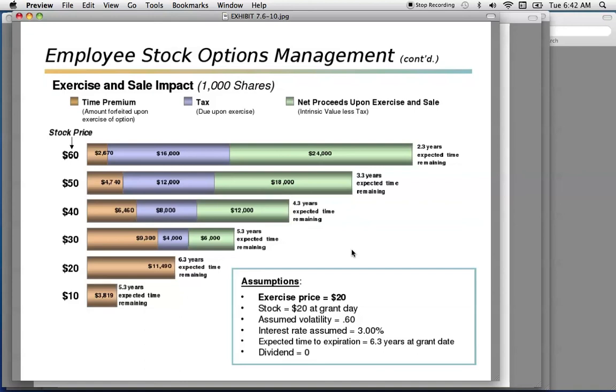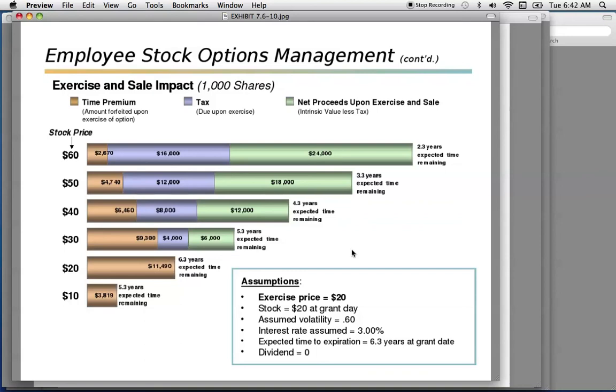And you might conclude that if you have the right to buy the stock at 20 and it's trading at 40 with a high volatility like 60, you don't want to forfeit that $6,460 in time premium, and you don't want to pay that early tax, which means you're getting less than half the value net after taxes to diversify.